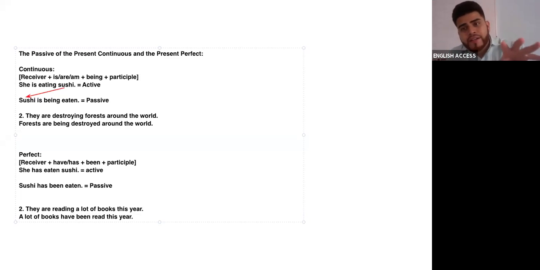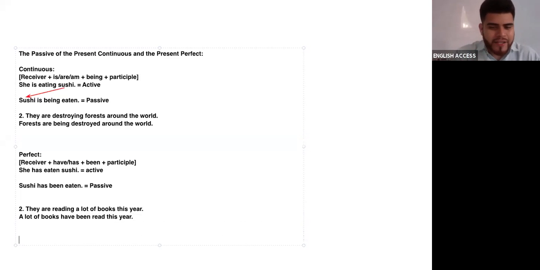Now, here, I am showing you the present continuous and the present perfect. But you can also use it with the past continuous and the past perfect. Now, that's not in the lesson, but I just wanted to show you so you can see. For example, instead of sushi is being eaten, you can say sushi was being eaten.